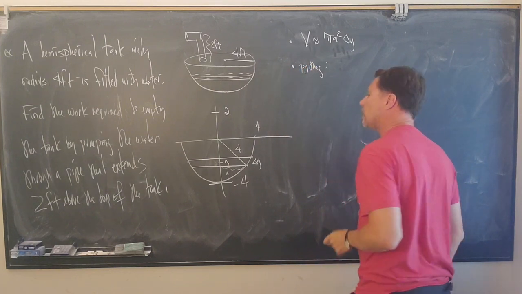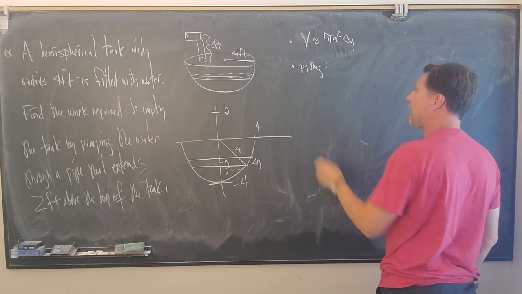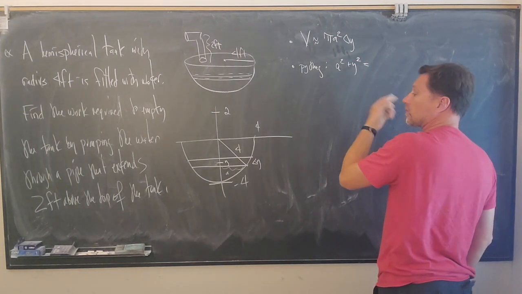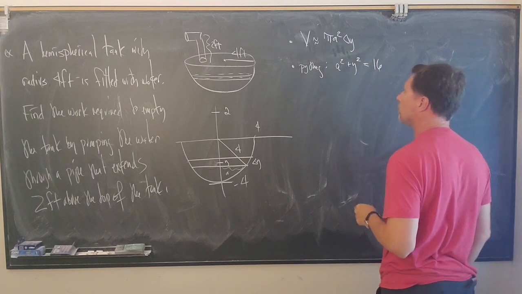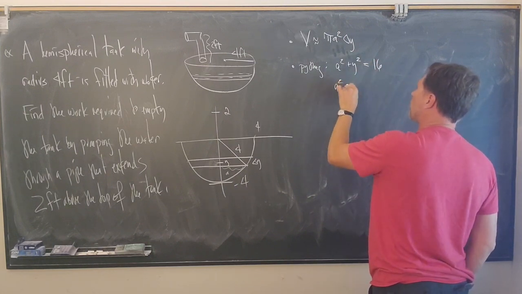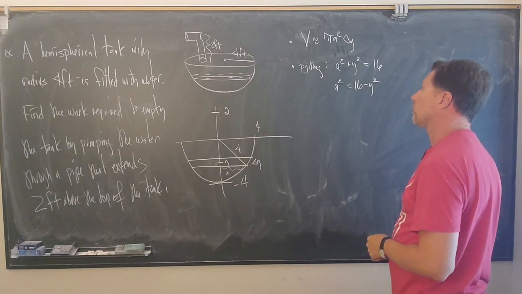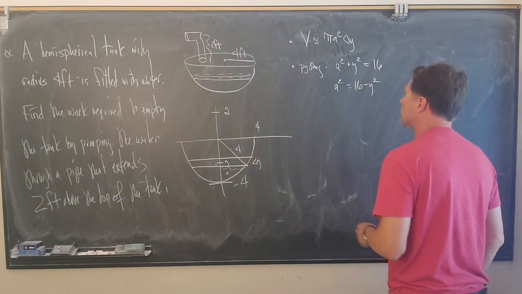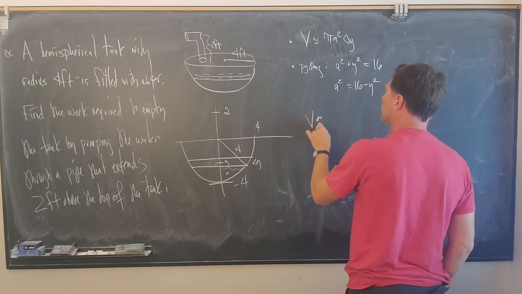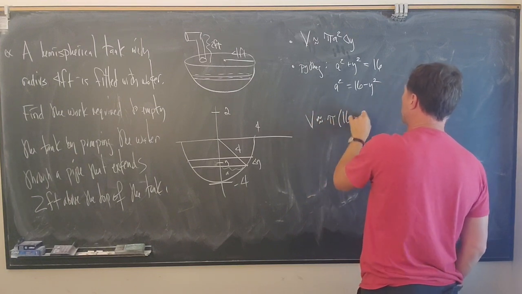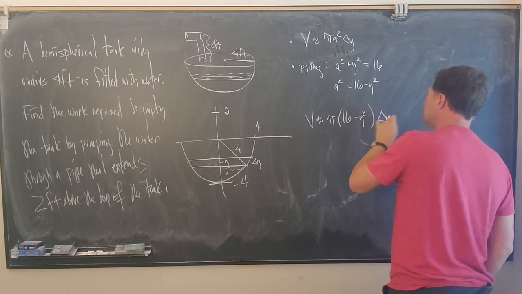A squared plus Y squared is equal to 4 squared, so equals 16. If I solve for A squared, we get A squared equals 16 minus Y squared. So our volume is going to be pi times 16 minus Y squared times delta Y.